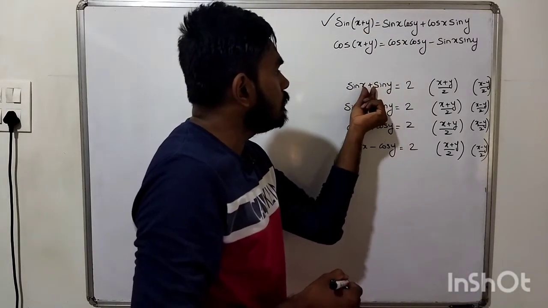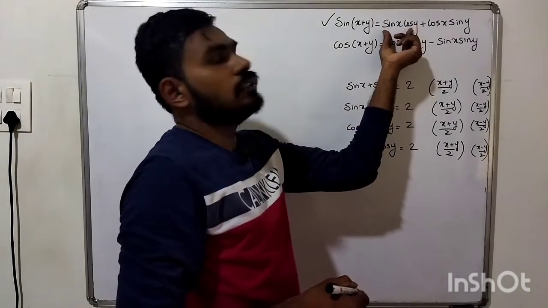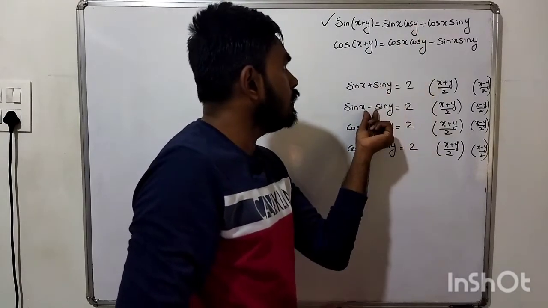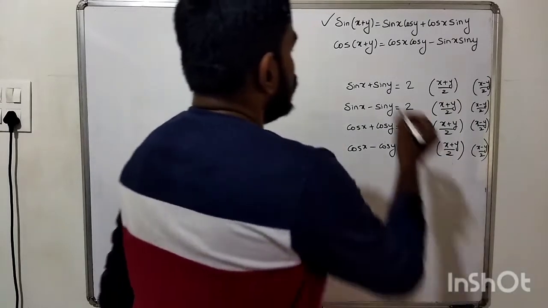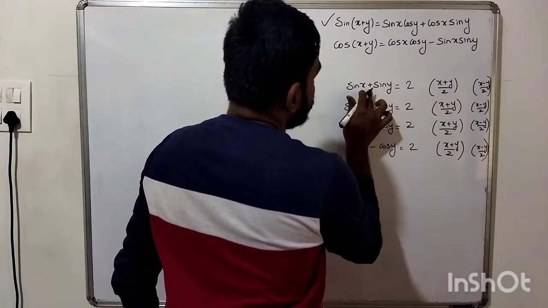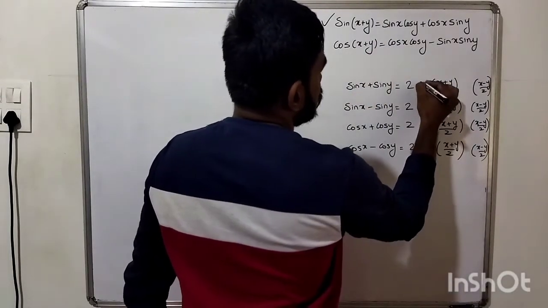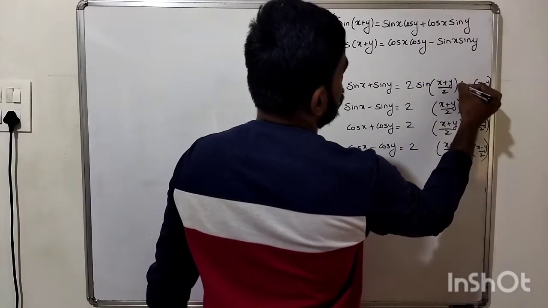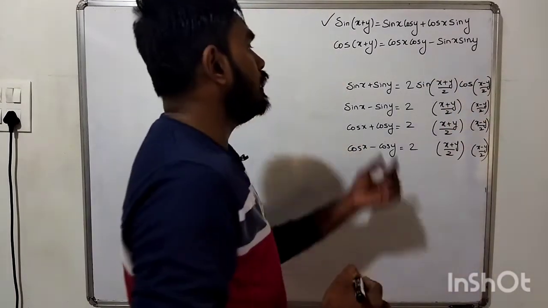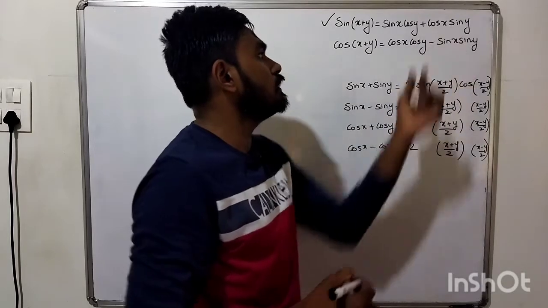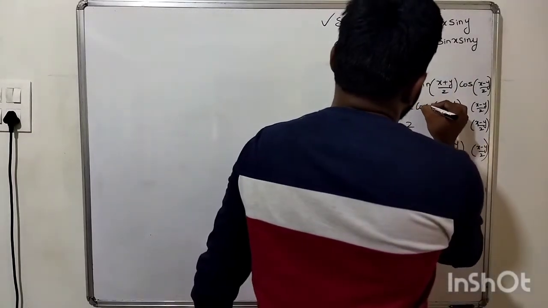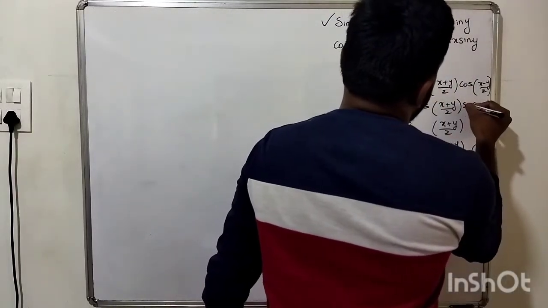If there is plus in the middle, you have to look at this, and if there is minus in the middle, you have to look at this. Since there is plus in the middle, you will get sin x cos y, so sin and cos here. Since there is minus in the middle here, we will take cos x sin y. This is just a way to remember.